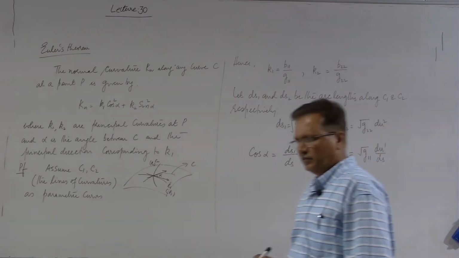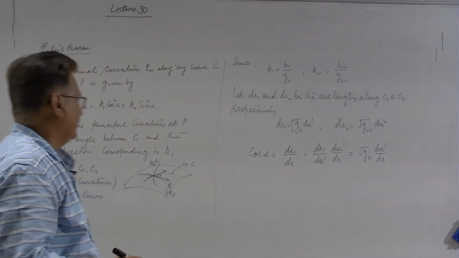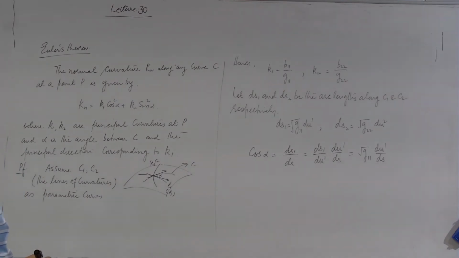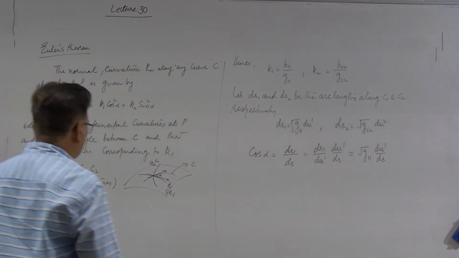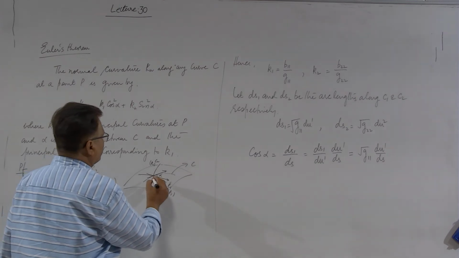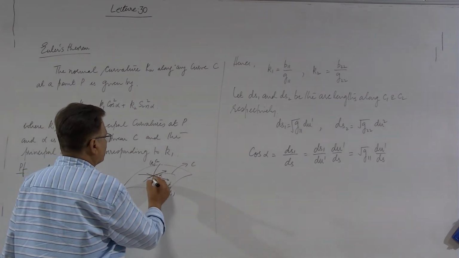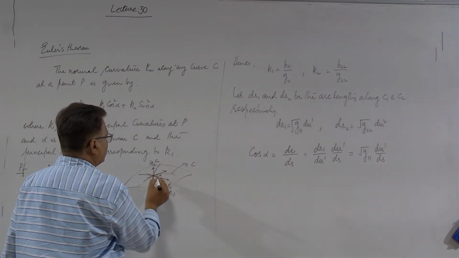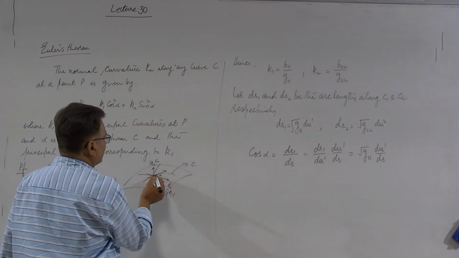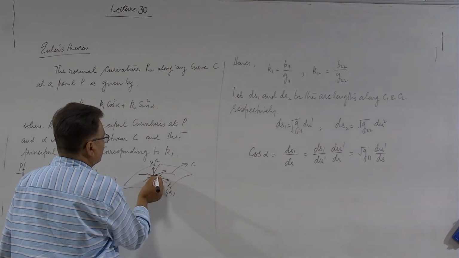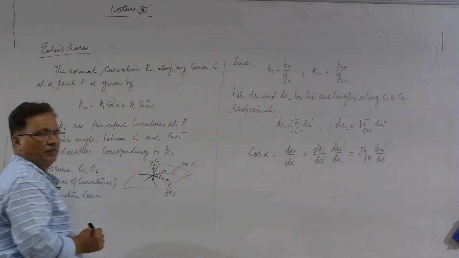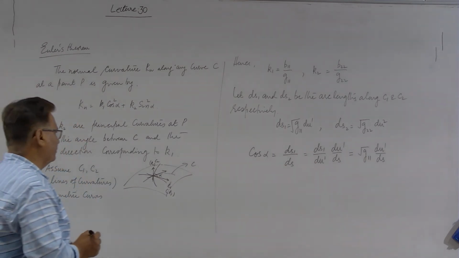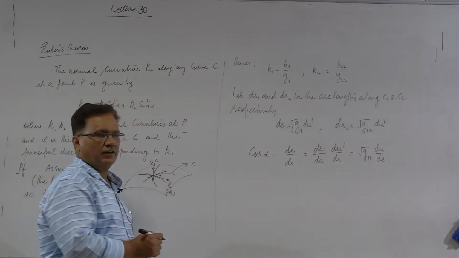Similarly, for sin alpha, if you draw the tangent here also, since they are orthogonal this angle will be pi by 2 minus alpha, and cos of pi by 2 minus alpha is sin alpha.